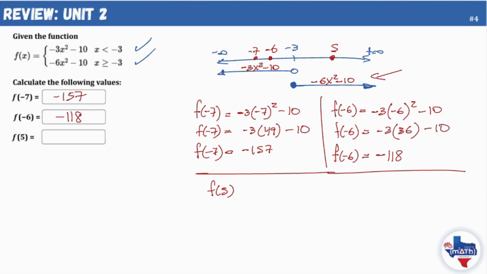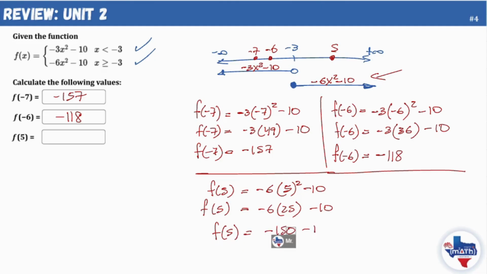So we'll have negative 6 times 5 squared minus 10. This f of 5 will be equal to negative 6 times 25 minus 10. We know that negative 6 times 25 is negative 150 minus 10. This should be negative 160.